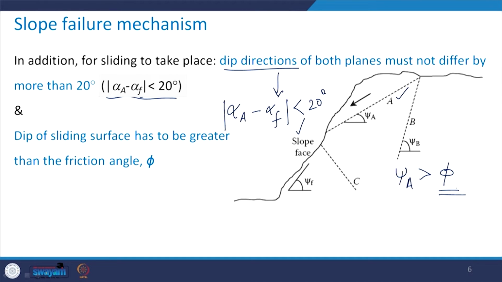So, if either of these three conditions is not satisfied, then the planar failure will not take place. So, these are the conditions for plane failure.